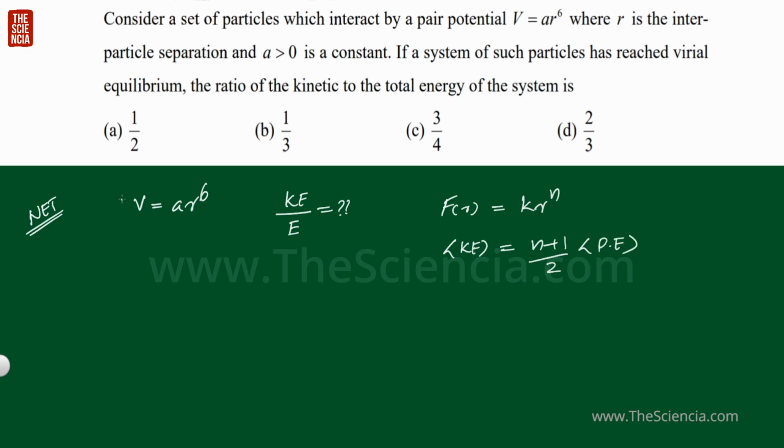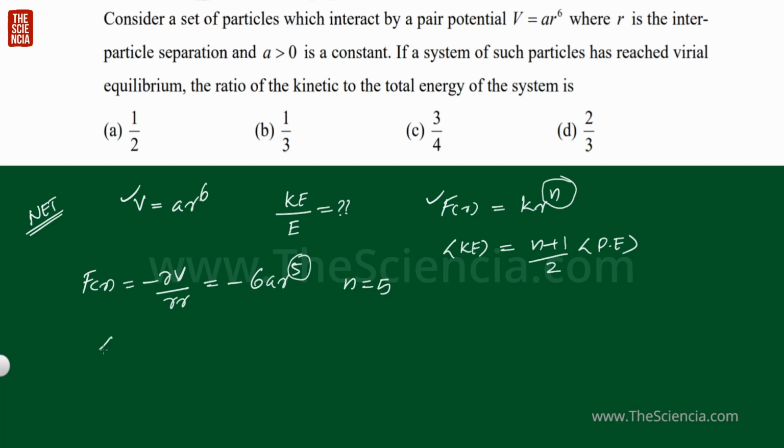In the question they have given the potential, so from the potential we can find out the force. So we can find out the value of n, that is f of r is equal to negative gradient of potential, that is equal to minus 6 A r raised to 5. So we got the n value, that is n equal to 5.